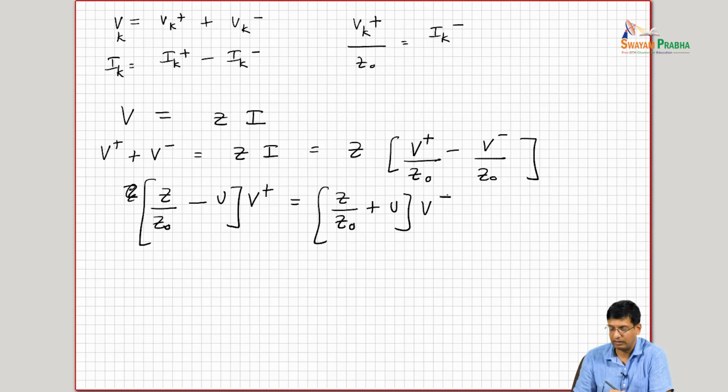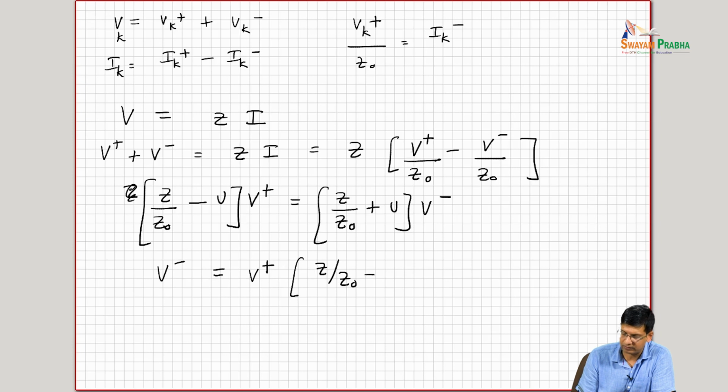And so if I'm basically characterizing V minus as a function of this, then this becomes V plus times Z over Z naught minus U divided by Z over Z naught plus U, right?